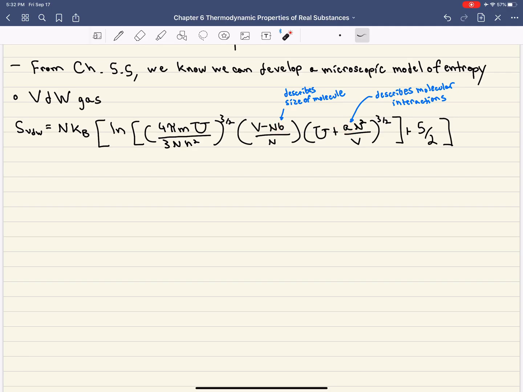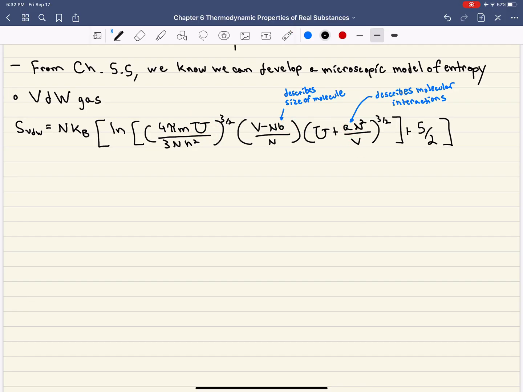So now that we have this model, we would have to design some sort of experiment in which we could track the entropy of the gas. By tracking it under different internal energies or volumes, we would be able to figure out what A and B are.